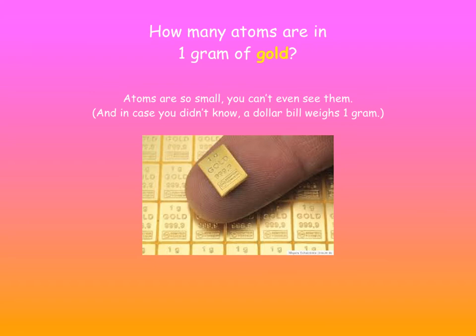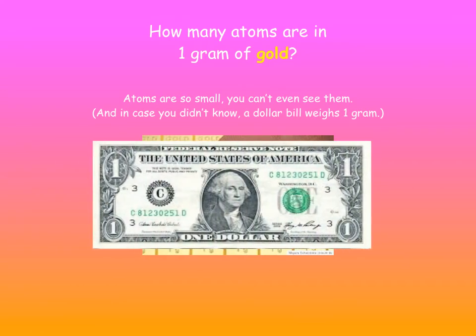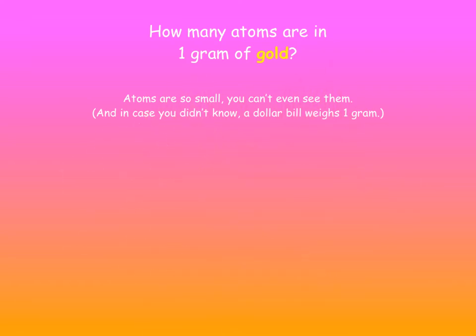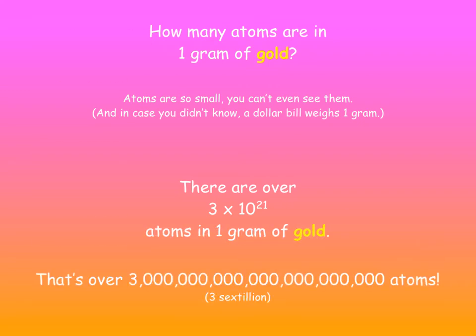And atoms are so small you can't even see them. And in case you didn't know, a dollar bill weighs exactly 1 gram. So that's 1 gram of gold. So how many atoms are in 1 gram of gold? Oh, there are over 3 times 10 to the 21st power atoms in 1 gram of gold. That's over 3 sextillion atoms.